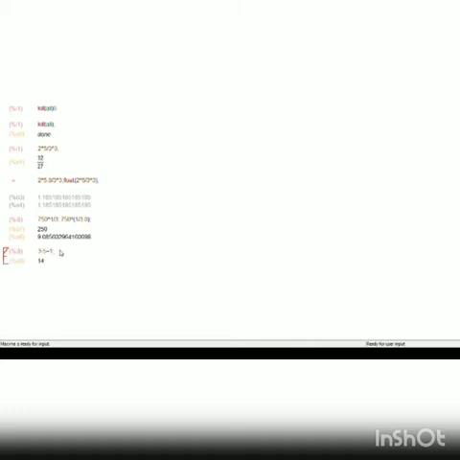See? If you give a bracket like this, say 3 into (5 minus 1). Now you know that 5 minus 1 is 4, and 4 into 3 is 12. Because it is a bracket open, first it evaluates within the bracket, then it multiplies with this.